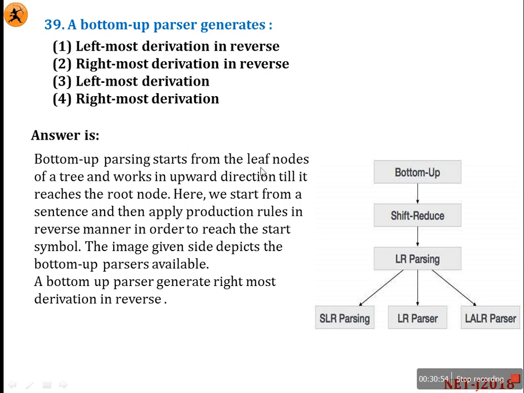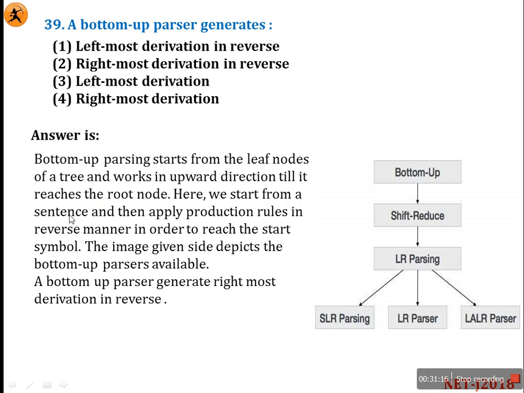A bottom-up parser starts from the leaf nodes, the bottom of the tree. If it is a tree, it starts parsing from leaf node to root node, but a top-down parser goes from root to leaf node. The tree works in upward direction till it reaches the root node.